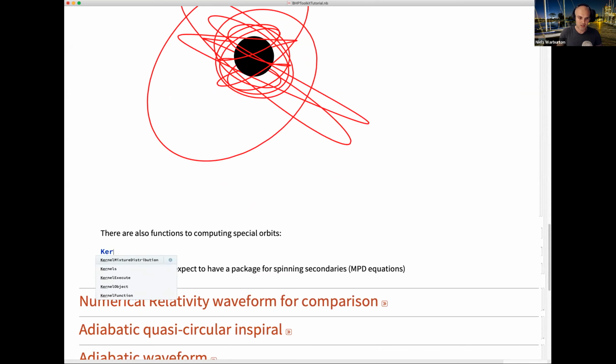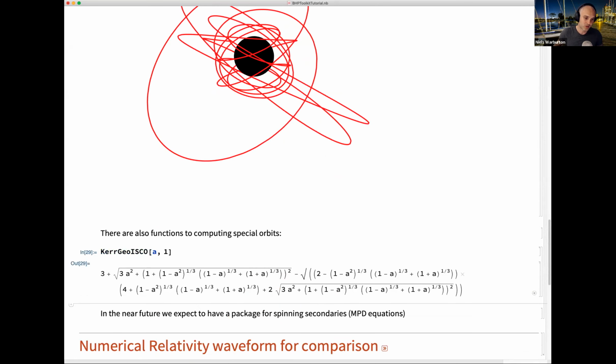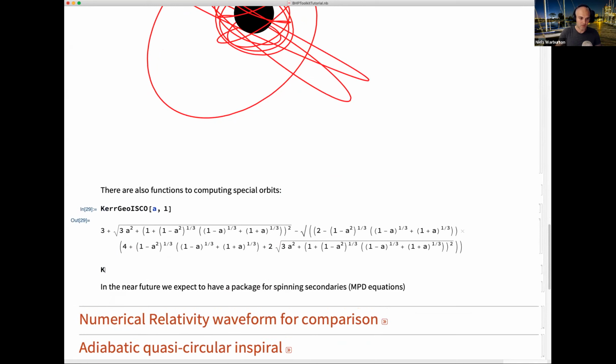Just to mention, as I said, there are a few other useful functions. So for instance, you might want to know where the ISCO is for a prograde orbit. That's what it is analytically. You may want to know, if you're looking at more generic orbits, there's this region of parameter space where the orbits are bound, and there's a region below that where the orbit will plunge or scatter.